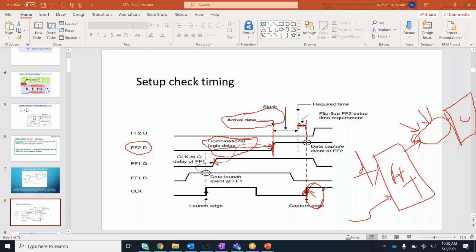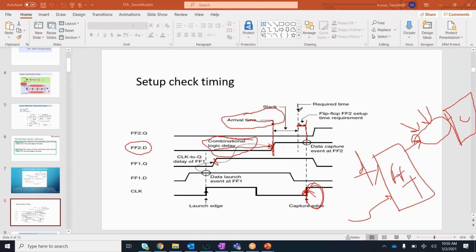Data that comes after this borderline will not be taken by this flop.